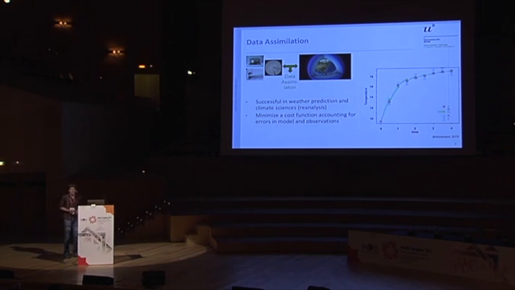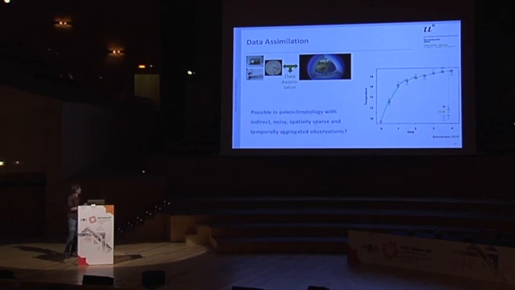And now the question is, can we do something similar, or how can we do that in the paleoclimate context, if we have really indirect, noisy, spatially sparse, and even temporally aggregated data?